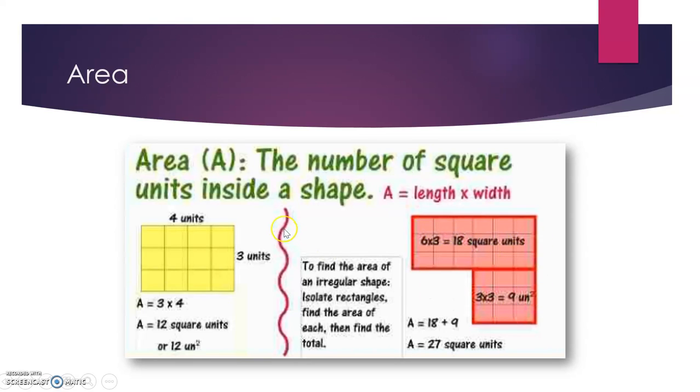And just like the example here on the left, all we have to do is count the number of squares inside of that particular shape. So obviously we've got 18 squares inside this particular shape. We also have 9 squares in this particular shape, the square at the bottom. All you have to do now is to add them. 18 plus 9 is 27. 27 square units in total for this particular shape.